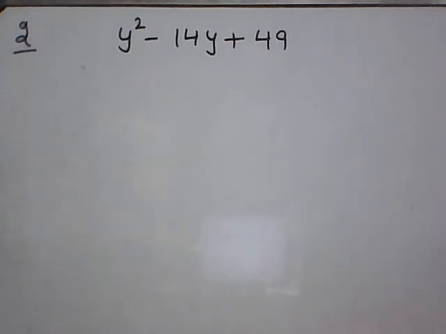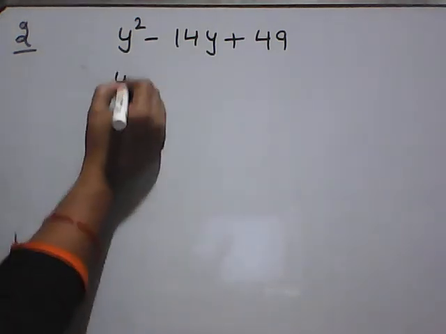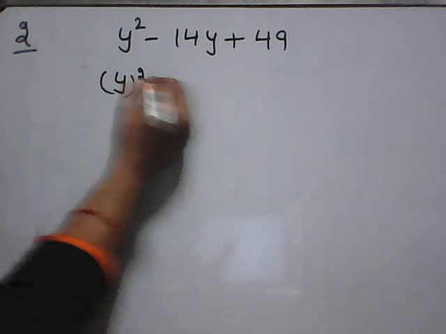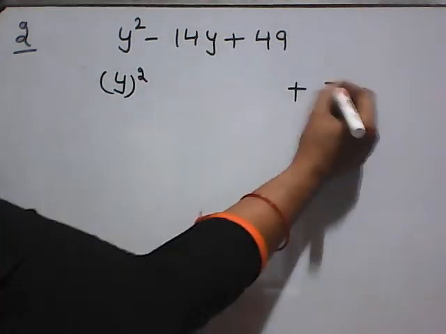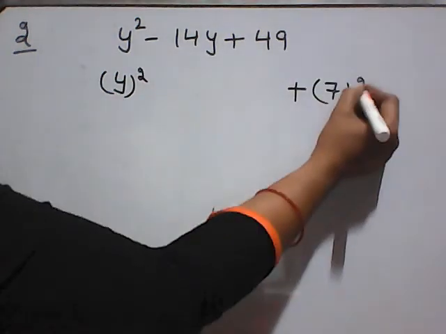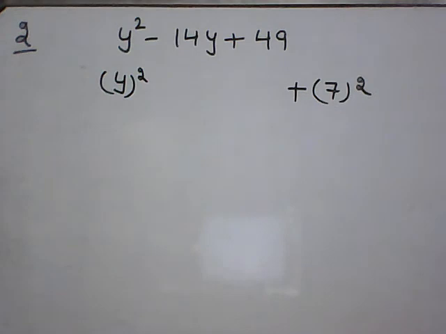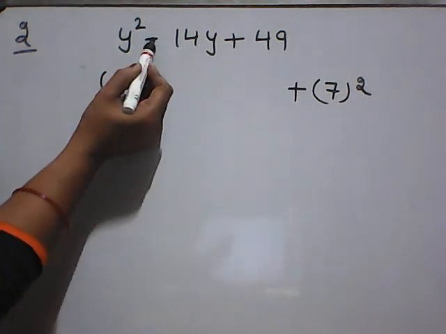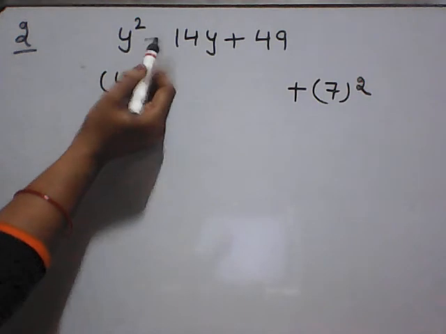In the next question, question number 2, the expression given to you is y square minus 14y plus 49. You have to factorize by using identities. Now, y square can be written as y whole square, and 49 can be written as 7 whole square. Now, the first and third terms are perfect squares with a negative sign before the middle term.